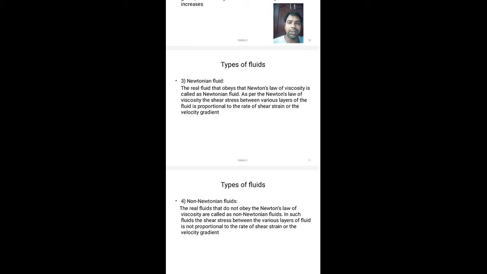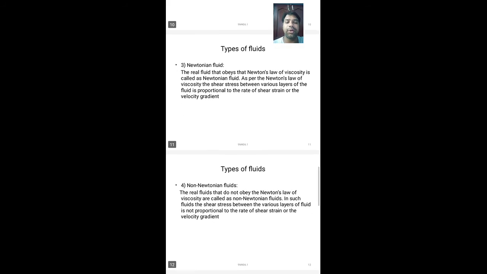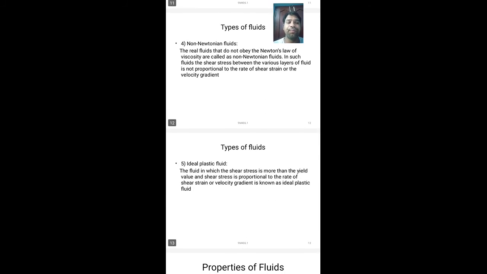So in this type of non-Newtonian fluid, the shear stress between the various layers is not directly proportional to the rate of shear strain or velocity gradient. It is nothing but non-Newtonian fluid, right?